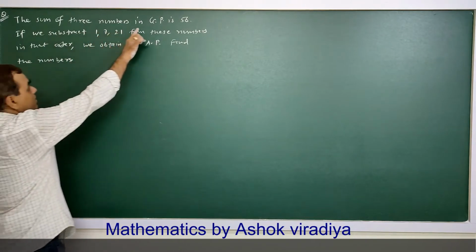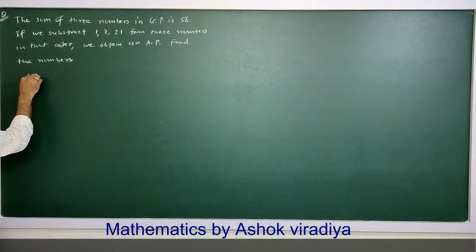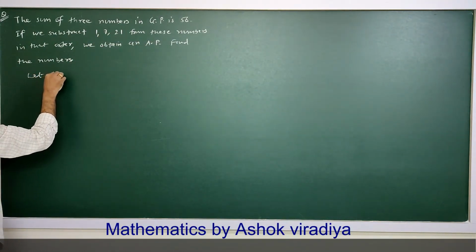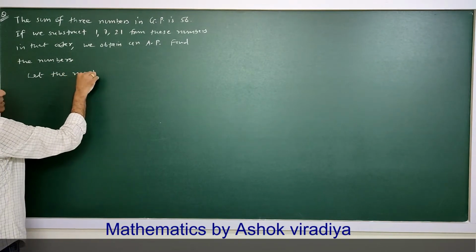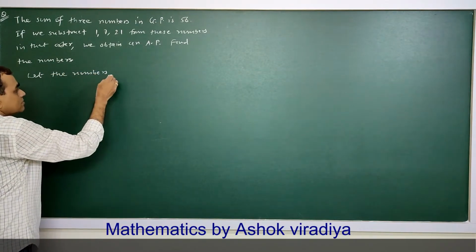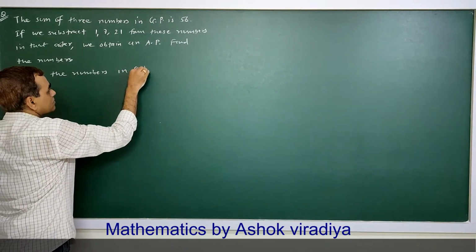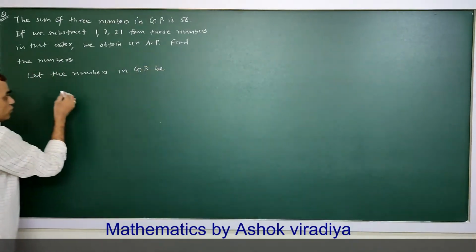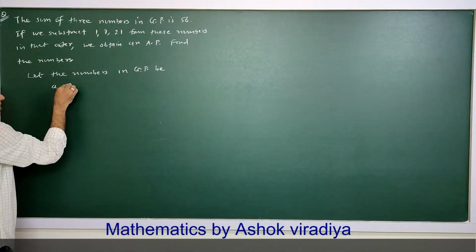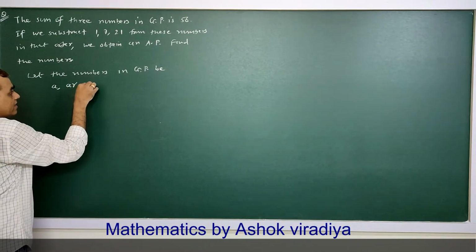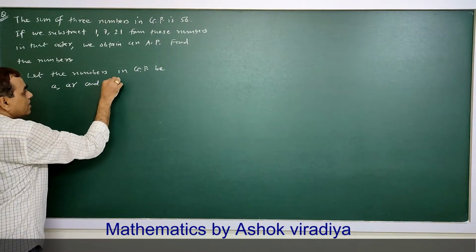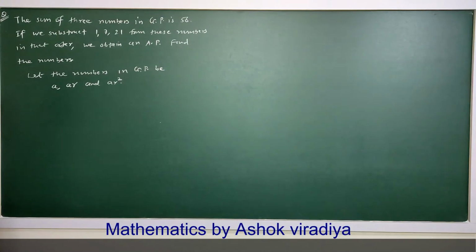Sum of three numbers in GP. Let the numbers in GP be, suppose numbers are A, AR and AR square. Three numbers in GP, A, AR, AR square.